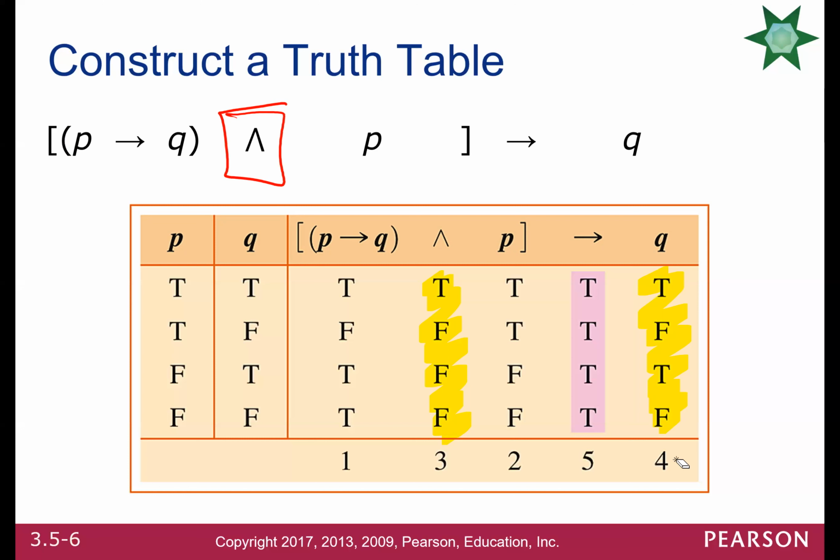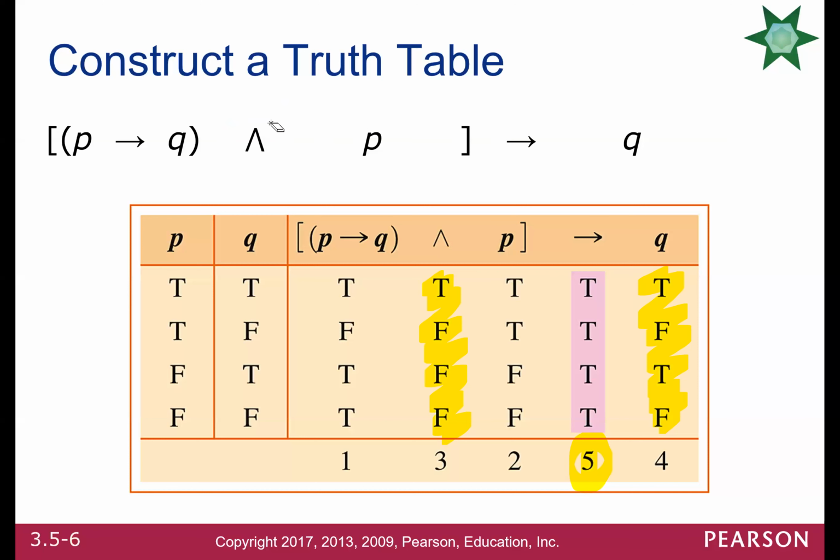In the first case, the consequent is true and the antecedent is true, so the conditional is true. In all the rest, the antecedent is false, and the consequent is either true or false. So for that conditional, column 5, the entire column is true. So our entire answer column is true. That makes this argument valid.